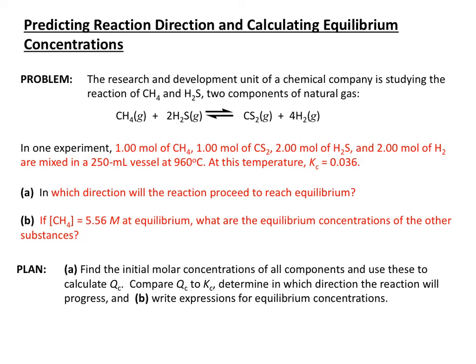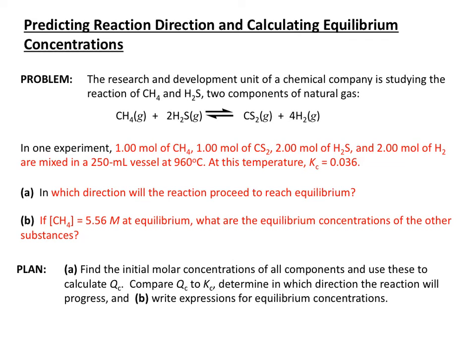Okay, so this is another kind of equilibrium problem. Again, what you'll see if you do enough of these is that they all do look very similar in the end, but you do have to understand what you're doing.